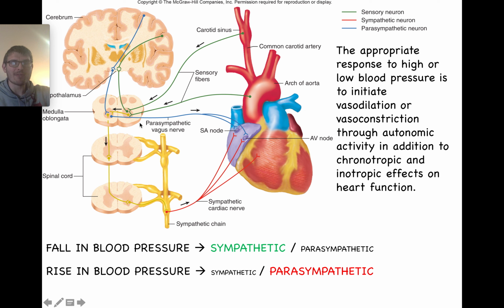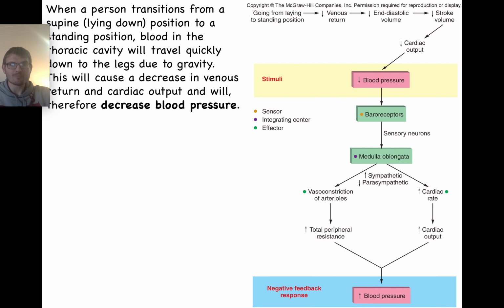A parasympathetic response will lower the heart rate through innervation of the SA and AV nodes, and therefore lower the cardiac output. Notice, though, that the parasympathetic response cannot change the stroke volume because there is no innervation of the ventricular myocardium, and it cannot alter vasoconstriction and vasodilation because that is a purely sympathetic response.